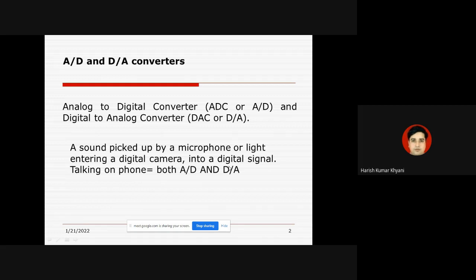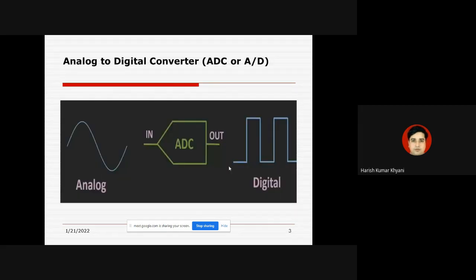So let us see the next part. In this slide I have shown a pictorial representation of how an analog signal is converted into a digital signal, right? Here you can see on the left hand side, this is an analog signal, and we have used a converter, that is ADC, analog to digital conversion, and on the output side we are getting a digital signal.